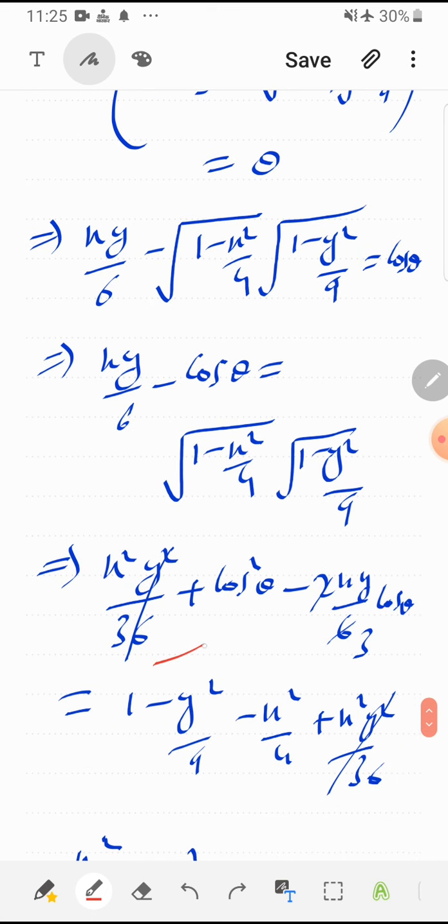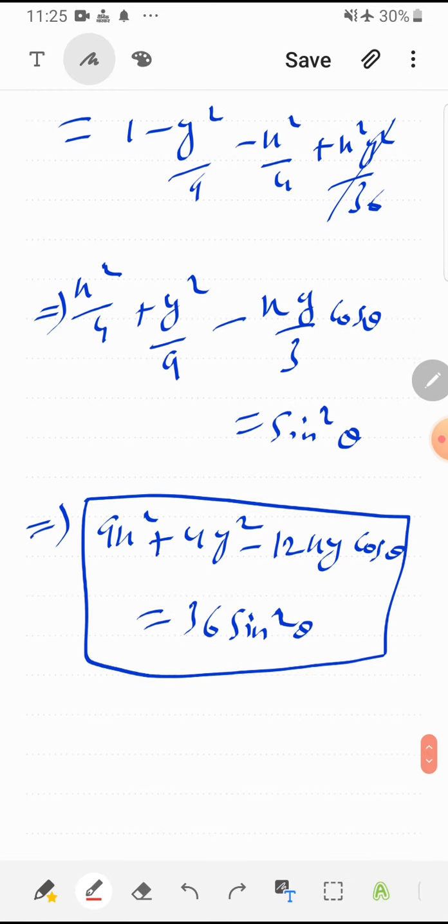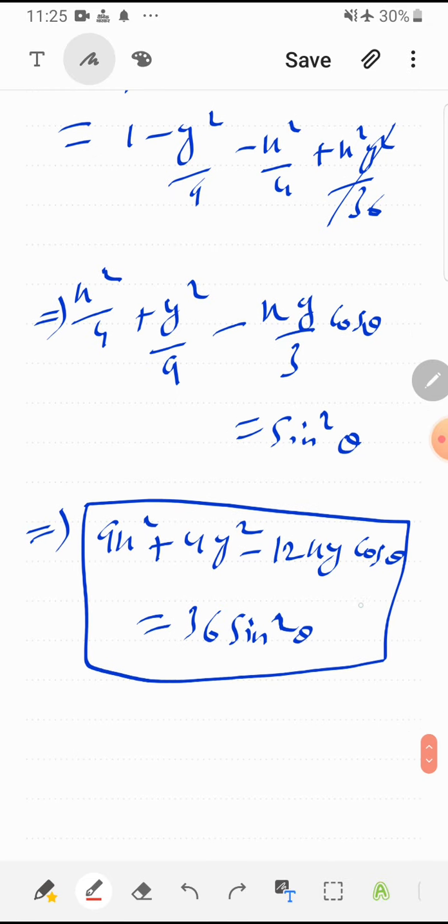So we are left with a square plus b square minus 2ab cos theta, and in the right hand side when I open the bracket, one term is cancelled. Now finally I am shifting cos square theta to the right hand side and all the terms except 1 to the left hand side, so that 1 minus cos square theta is sine square theta in the right hand side, and here I am taking LCM, so that the final expression is 9x square plus 4y square minus 12xy cos theta is equal to 36 sine square theta.